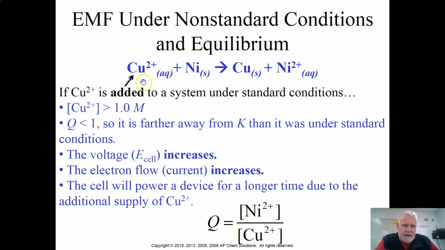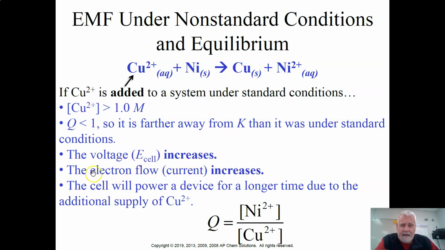So at standard conditions, it would be 1 molar. And then Q would become less than 1, because you're going to be heavy on this side. So it's further away from K, and therefore it'll drive that forward reaction, and the voltage will increase.